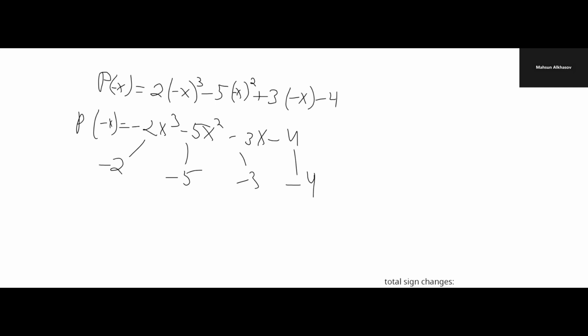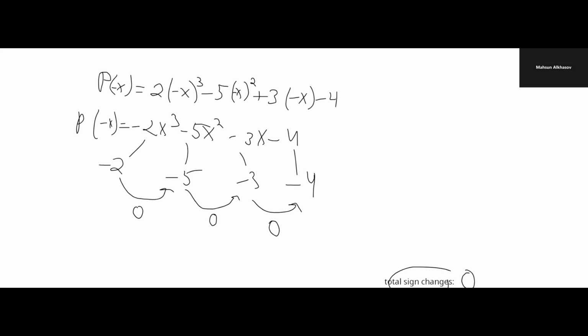Again, we need to find all the sign changes. From -2 to -5, we have no changes, as the number was negative and it remained negative. From -5 to -3, we have no changes in signs, negative to negative, and same here, no change at all. So what we get is a total of 0 sign changes.